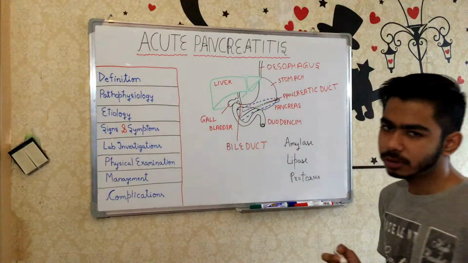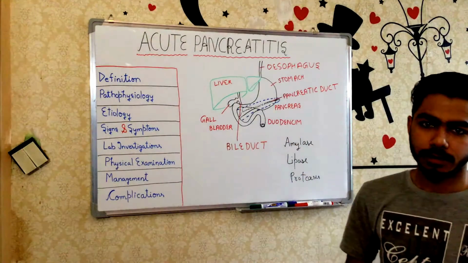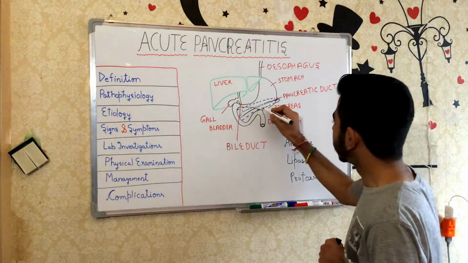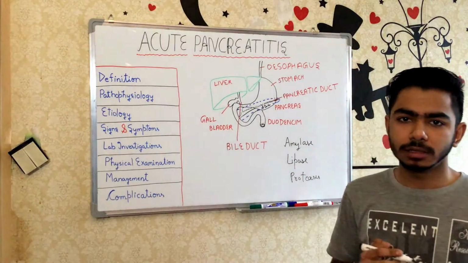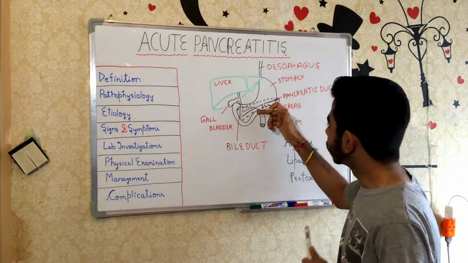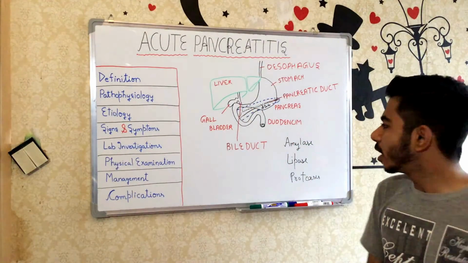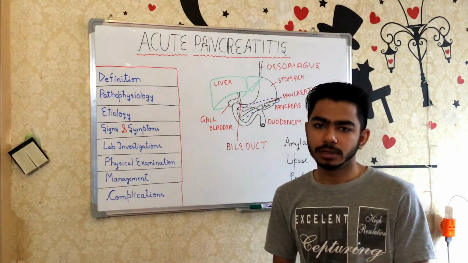These are the enzymes secreted from the acinar cells present in the pancreas. The acinar cells are present over here, and they secrete the enzymes into the pancreatic duct. These enzymes are secreted through the pancreatic duct into the duodenum through the sphincter of Oddi and help in food digestion by our gut.